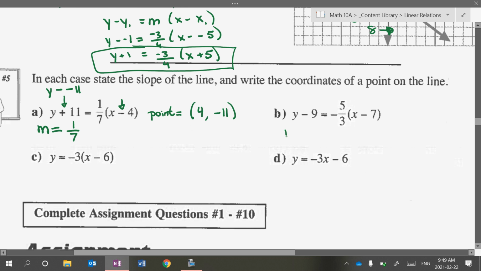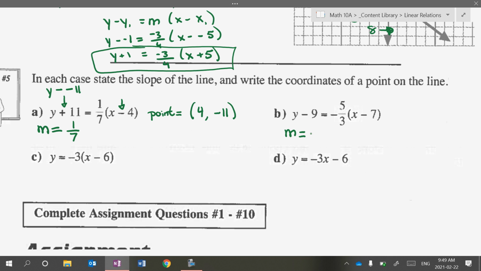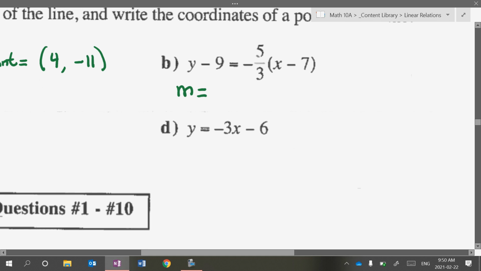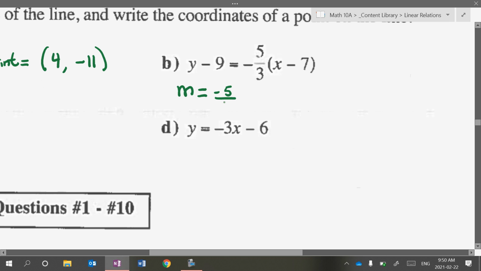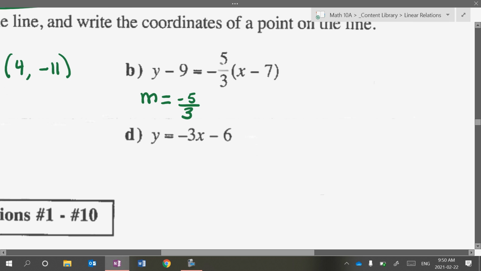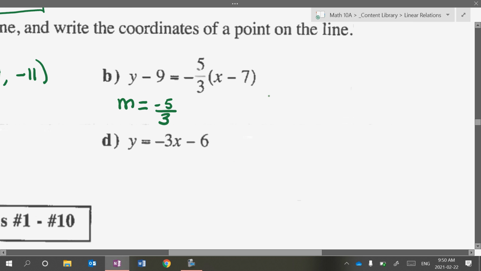On B, my slope. Jacob, what's my slope for B? You have your workbook right in front of you. Yes, you're totally right. -5/3. Good. My point, Audrey, what's my point?